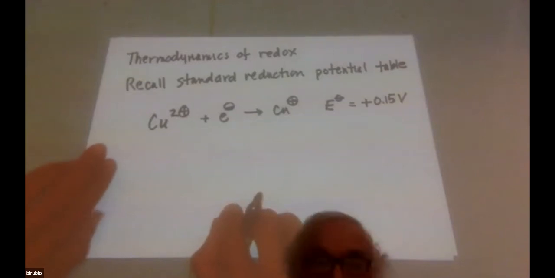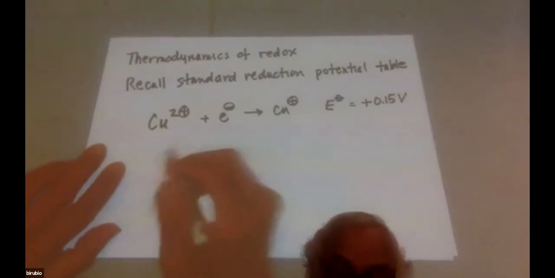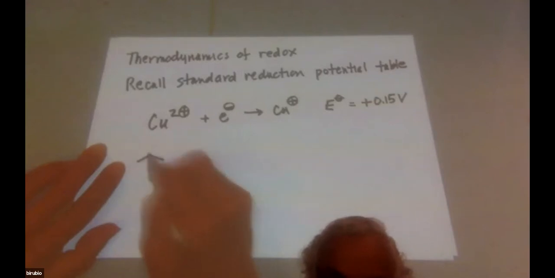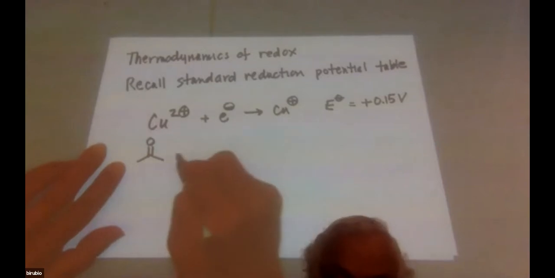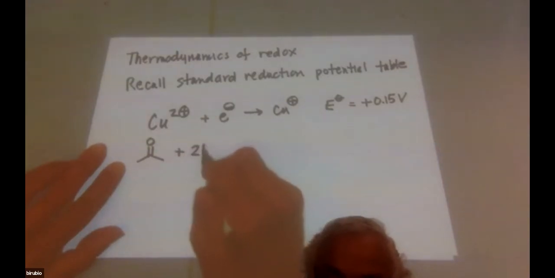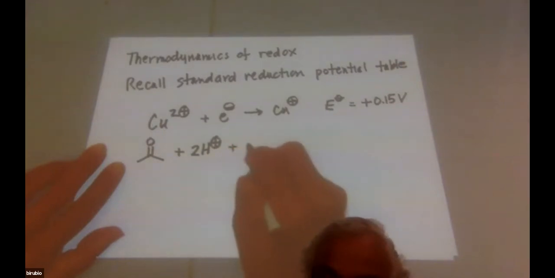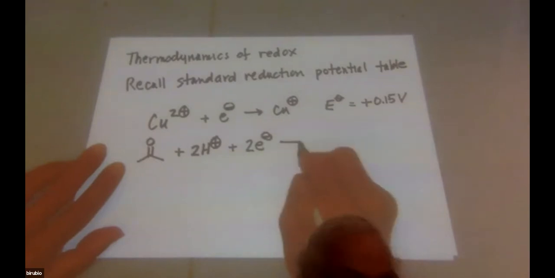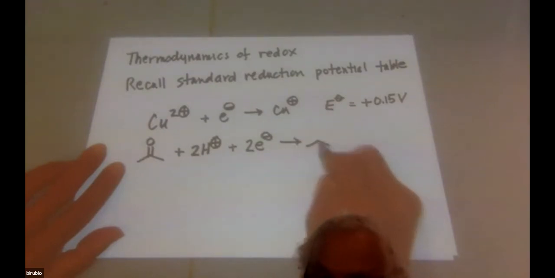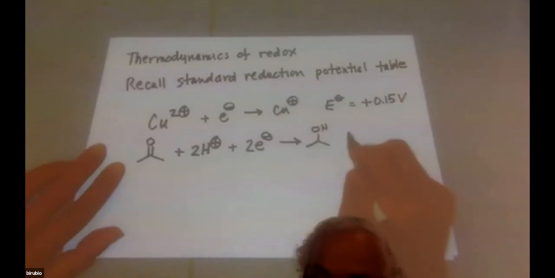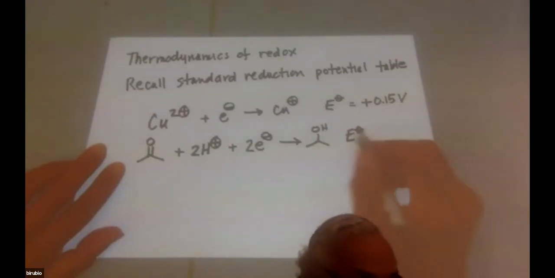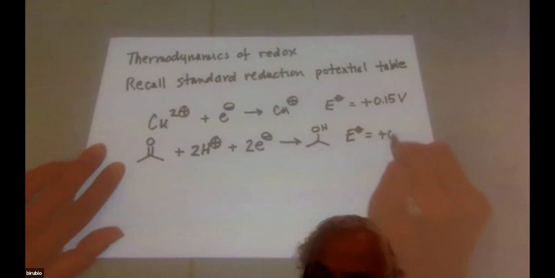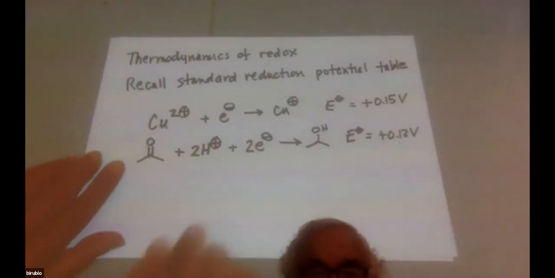Okay, and now we can throw in an organic compound. So this is acetone plus 2 protons plus 2 electrons, and this is going to isopropyl alcohol, and the E0 for this reaction is positive 0.12 volt.